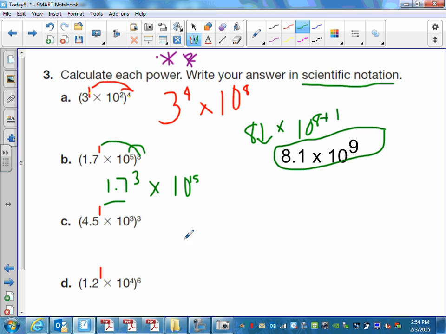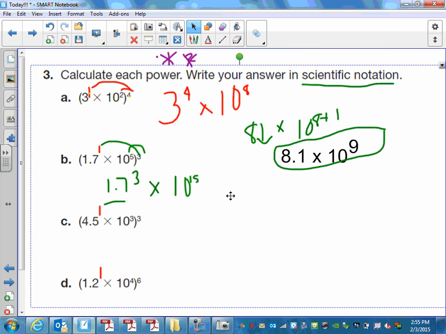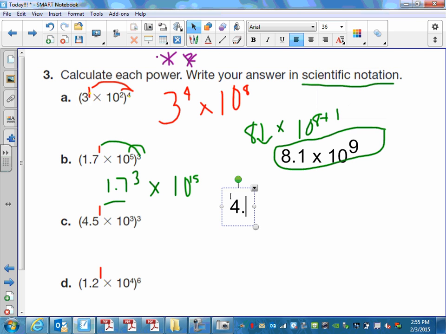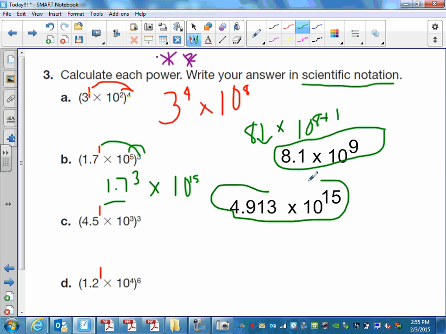So do 1.7 times 1.7 times 1.7. Okay, this will be 4.913. So 1.7 cubed is 4.913, and then we write our times 10 to the 15th. And since the mantissa is bigger than 1 and less than 10, that's our final answer.